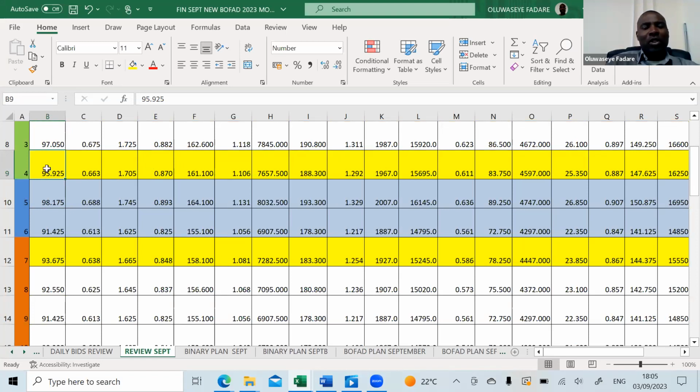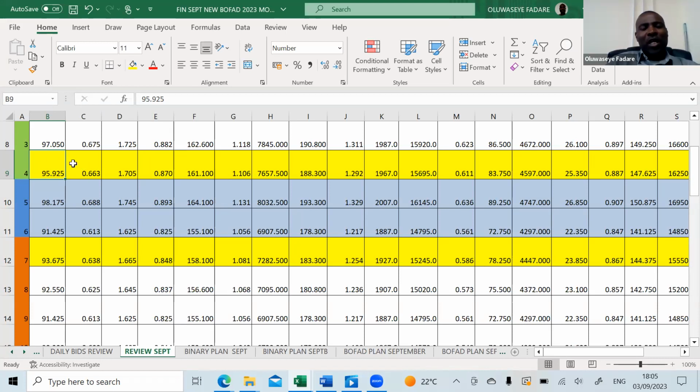I'm doing this now because I want you to understand the basis of the concept of this theory. The market must surely get to one of these yellow positions in every month as a worst case scenario.